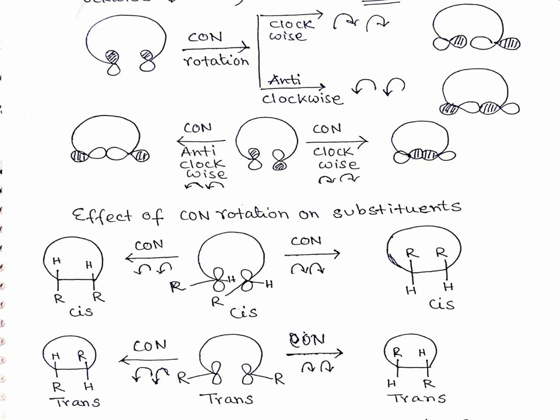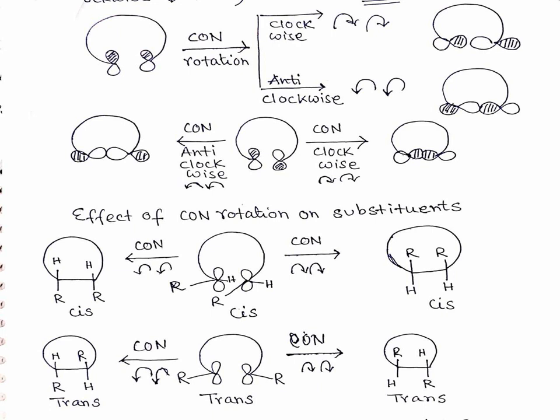Now depending on the clockwise motion and the anti-clockwise motion, we have to see that manually. We can't do all this on the spot; we have to do the conrotation in the clockwise manner, so that the R groups will go to the same side, either above the plane or below the plane, cis to cis, trans to trans.